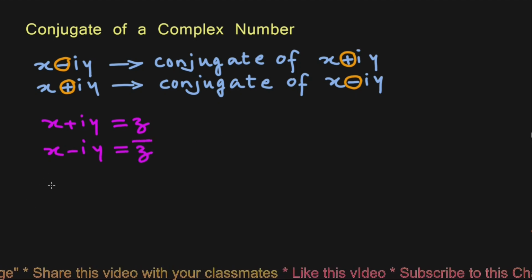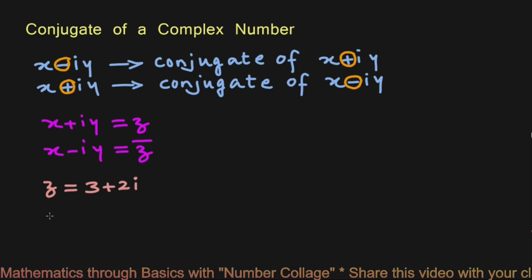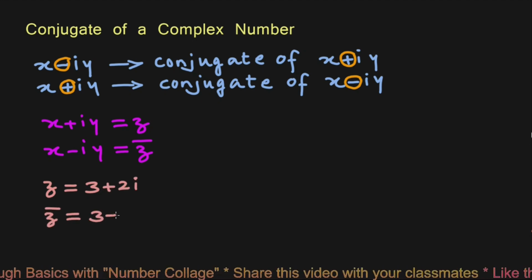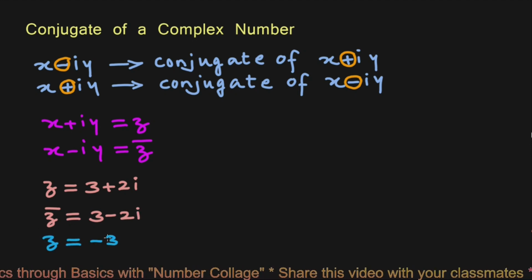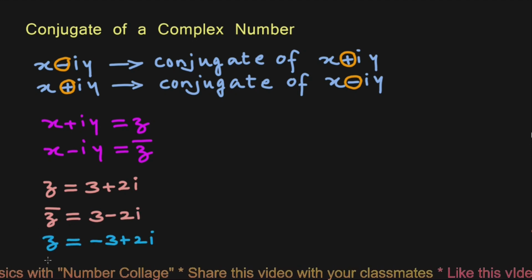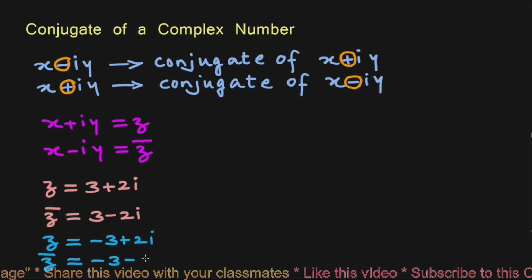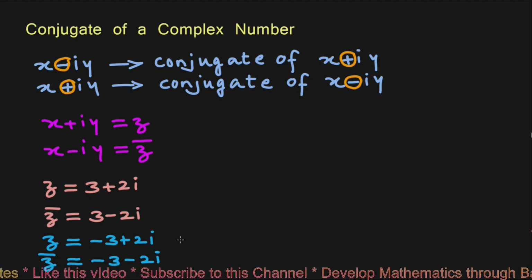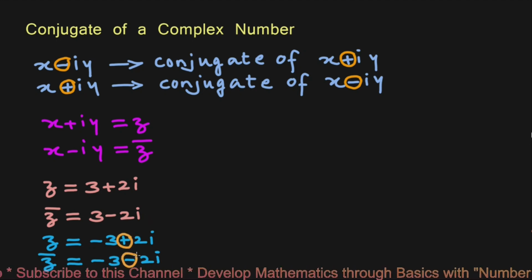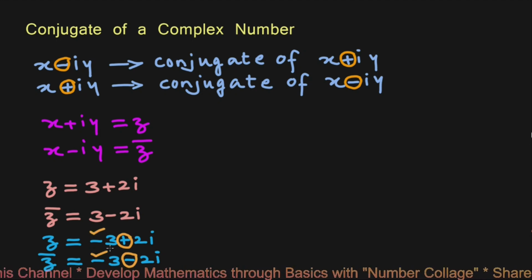So therefore, if z is 3 plus 2i, then its conjugate z bar will be 3 minus 2i. Or if z is minus 3 plus 2i, then its conjugate z bar will be minus 3 minus 2i. Remember, here we have changed the sign of the imaginary part only, whereas the sign of the real part remains the same.